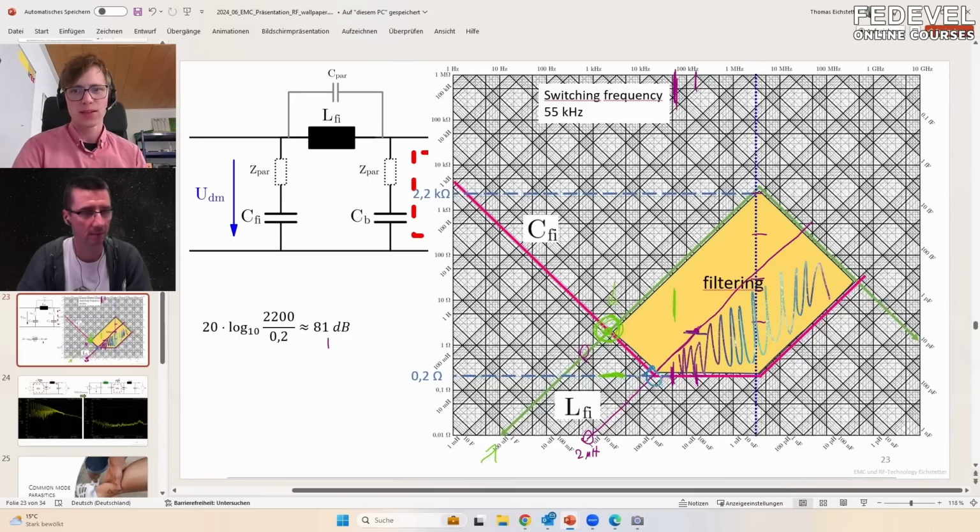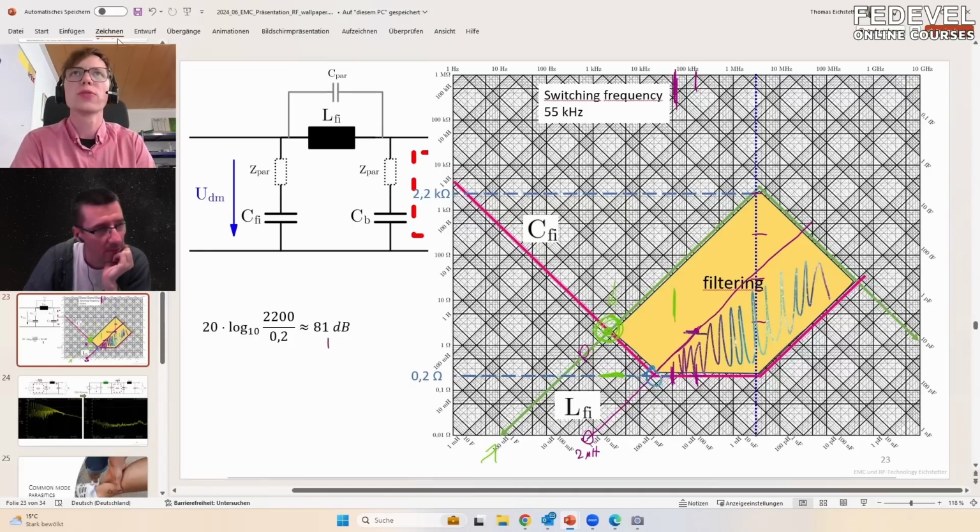And when you have very low ESR, you are allowing very high currents flowing through. So that's why it may be useful to use an electrolytic capacitor for filtering. I would not say it's really necessary. The only thing is you have to pay attention here. So what would be a better way to design, what kind of components to choose here?